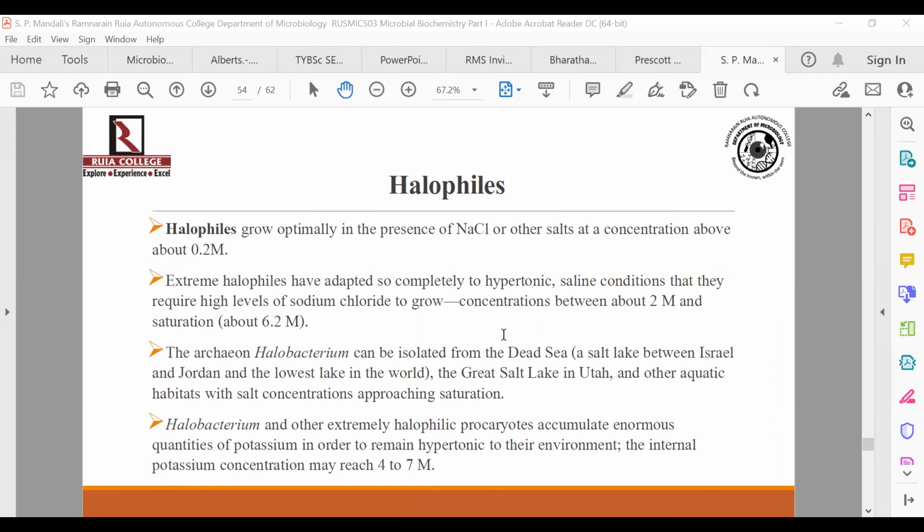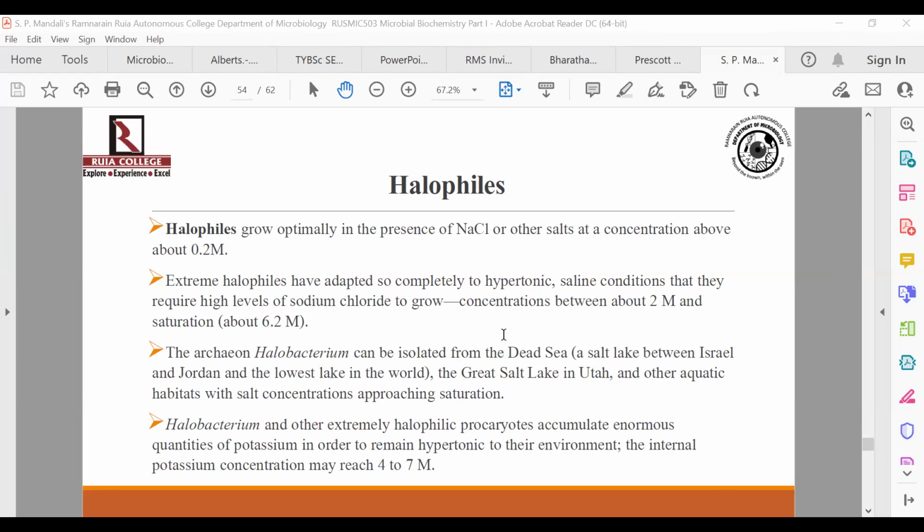But let me tell you that there are microorganisms so adapted to extreme salinity that they can tolerate anywhere between 2 molar to even the saturation level of concentration, which is around 6.2 molar of NaCl. Such organisms which can tolerate such high concentrations of salts are referred to as extreme halophiles.